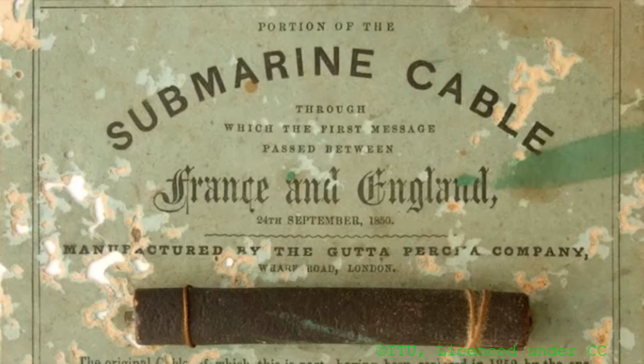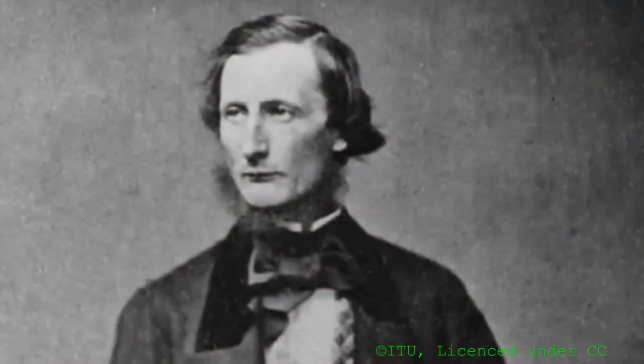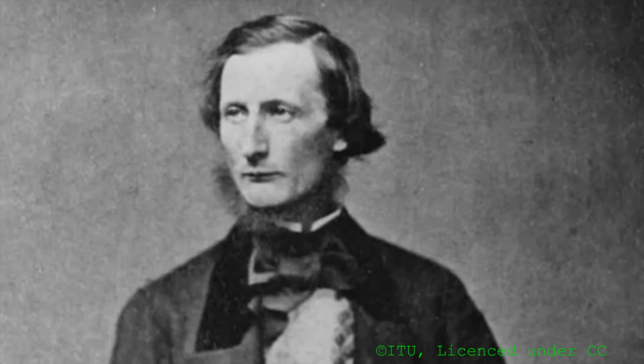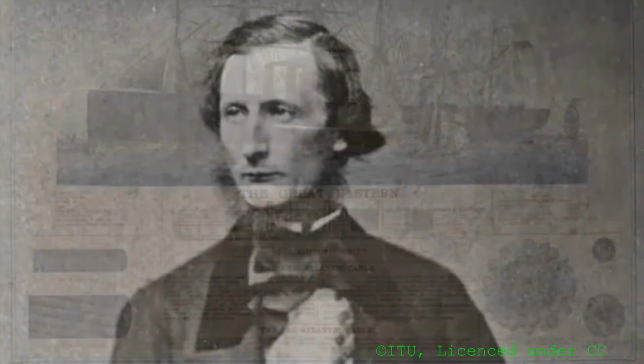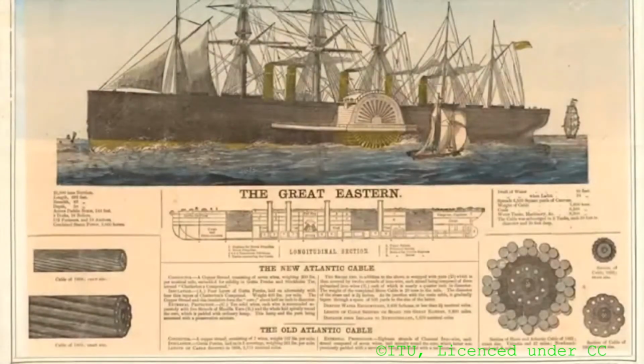The Atlantic Ocean presented a far bigger challenge. Nevertheless, American businessman Cyrus W. Field organized the laying of a telegraph cable beneath the Atlantic in 1858. Britain's Queen Victoria and US President James Buchanan used it to exchange congratulatory telegrams. However, the line failed after a few weeks. Supported by Field, a transatlantic cable was successfully laid in 1866.